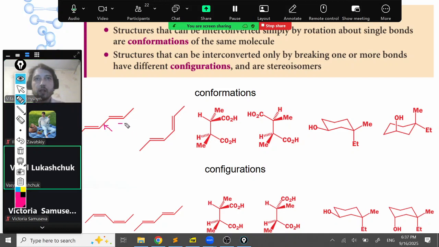If I am rotating this thing like so, you see that this double bond starts going this way, and this thing remains parallel. So I can draw how it was here, and you see how similar they are. So that's rotation around this bond. So it's really a conformation. While in this case, we will really need to break a bond and then somehow recreate it. Okay.